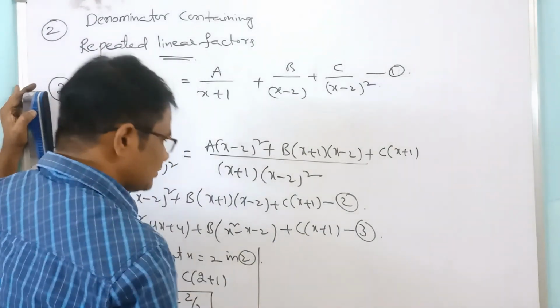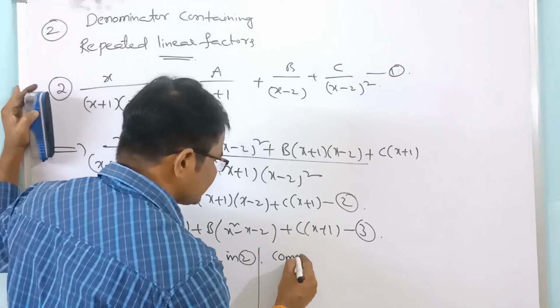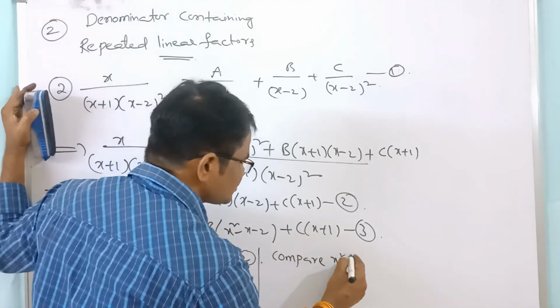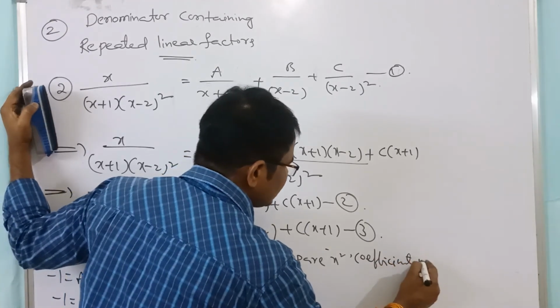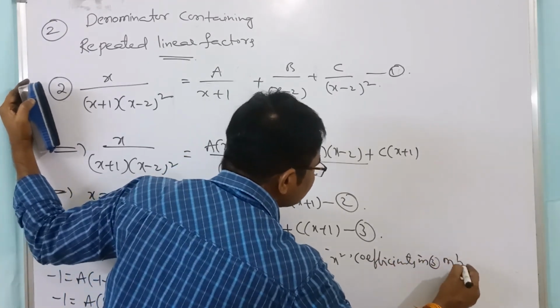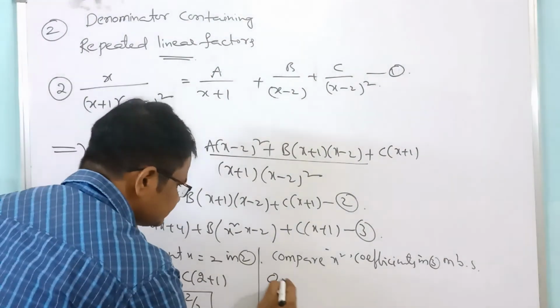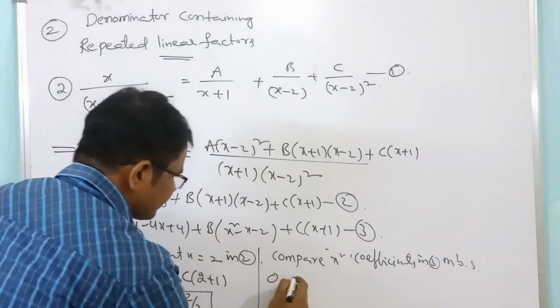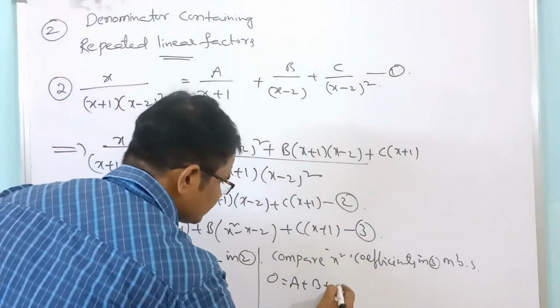Now the third one. To get the third one, compare any term, either the x square term. Compare x square coefficients in equation number 3 on both sides. Here the x square term is 0. Here the x square term is a. Here the x square term is b. Here the x square term is 0.